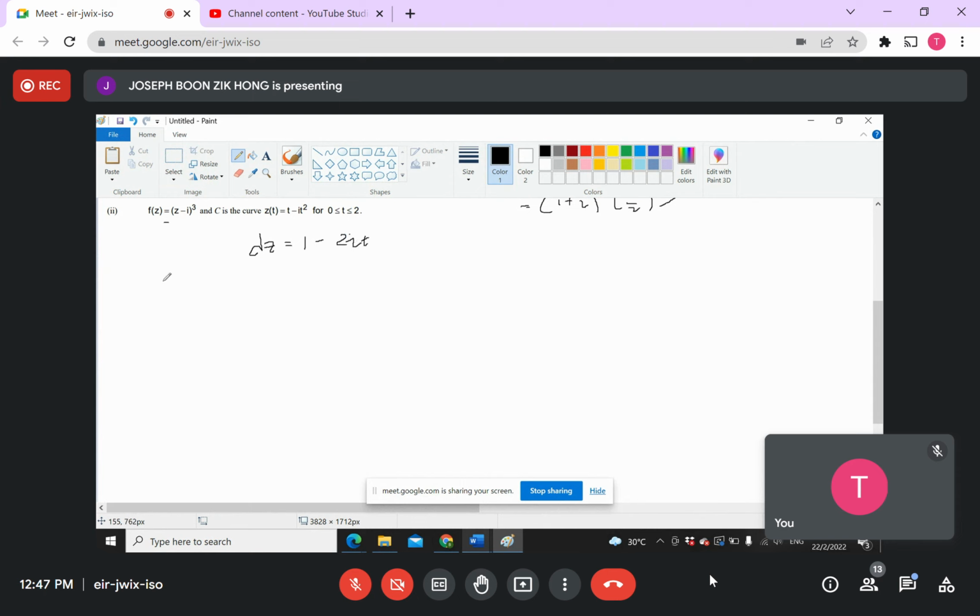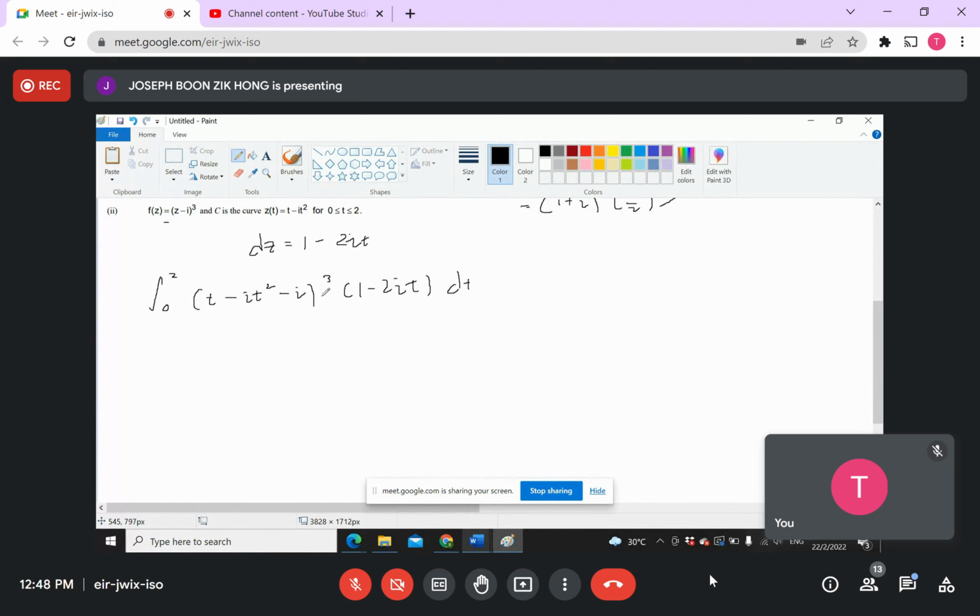I want to integrate from 0 to 2, and f(z) is this one, so just substitute inside: (t minus i t squared minus i) cubed times dz, (1 minus 2it) dt. The rest will be the same.